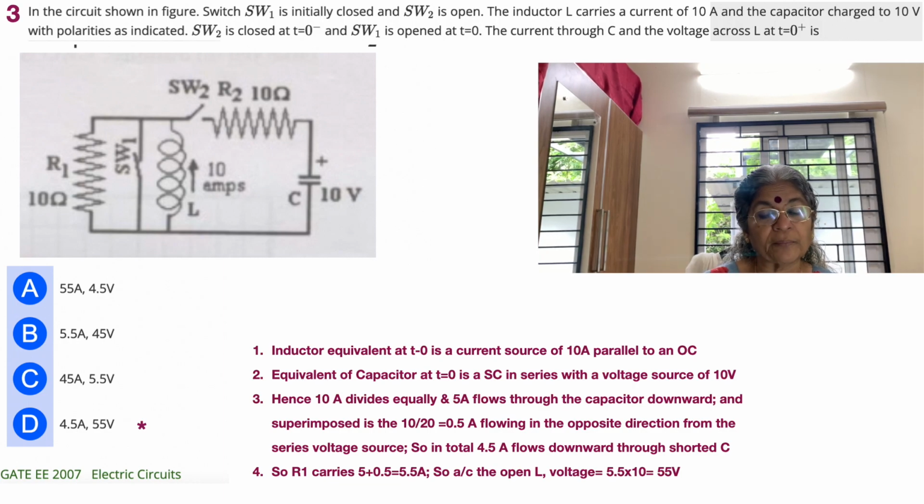Now people don't talk much about it, but 0 minus is just immediately before the two portions of the switch touch, and 0 plus is after they touch. So SW2 is closed at t equal to 0 minus, and SW1 is opened. Actually the current is let loose, and the voltage is also allowed to discharge. The current is let loose because it was circulating through the switch SW1, but SW1 is now opened at t equal to 0. We need the current through C and the voltage across L at t equal to 0 plus.